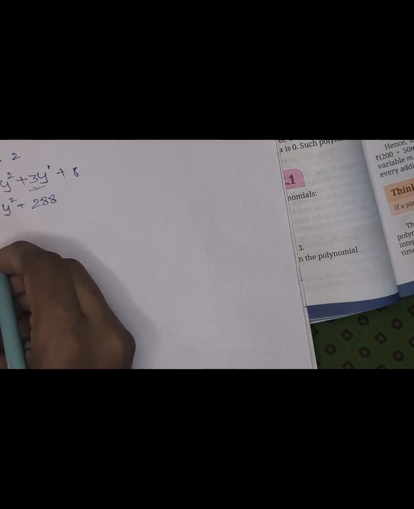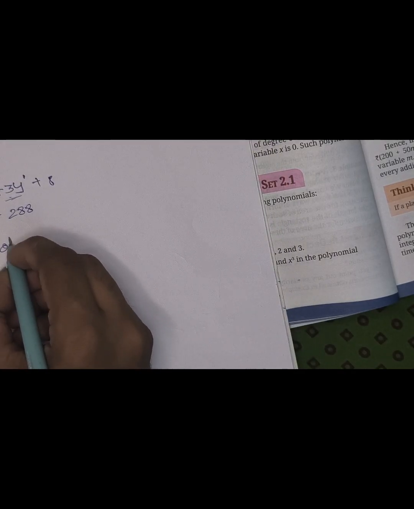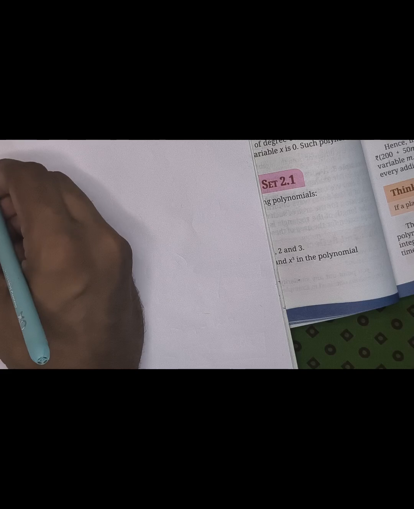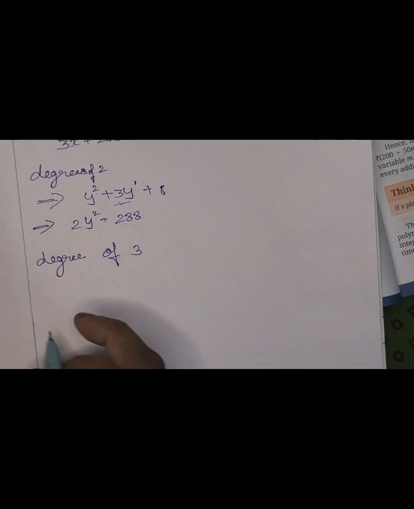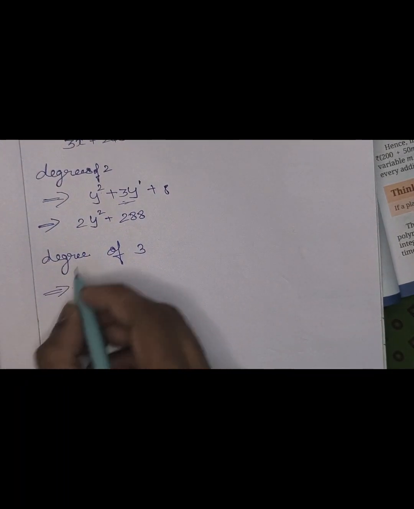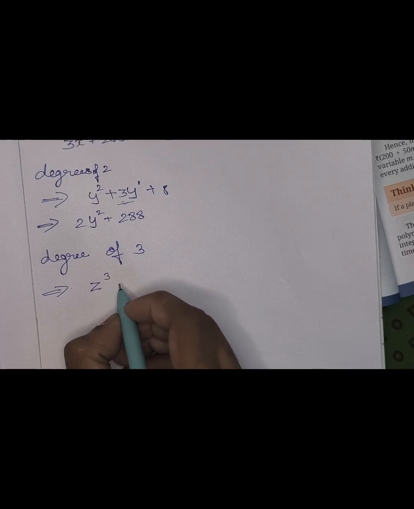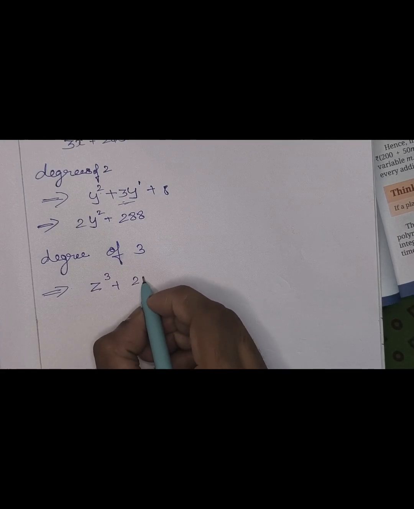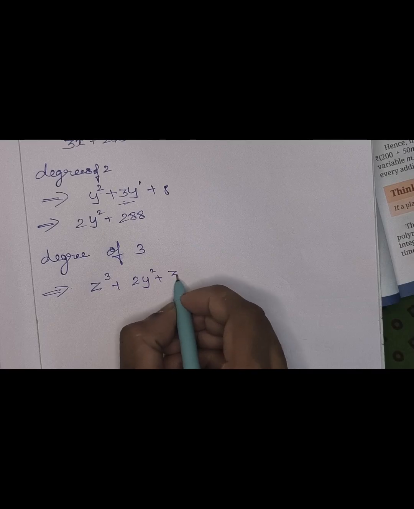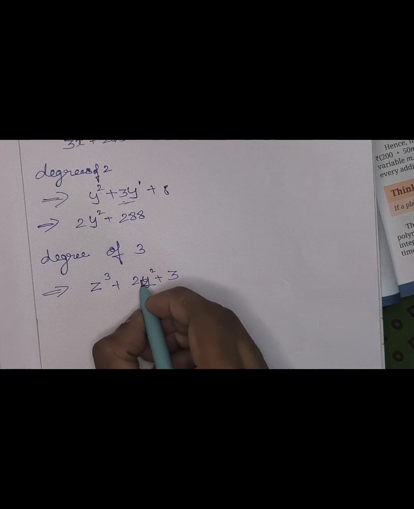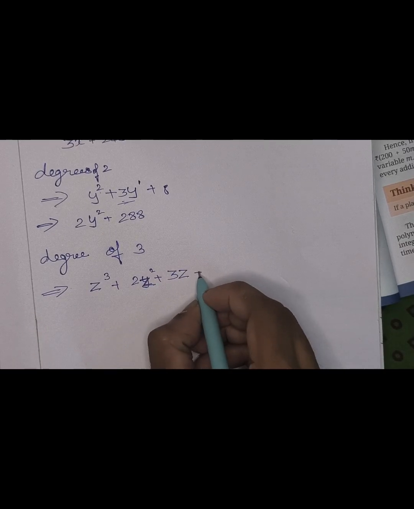Next, what is the degree of 3? What is the degree of 3? So I shall write here z cube plus 2y square plus 2z square plus 3z plus 1.